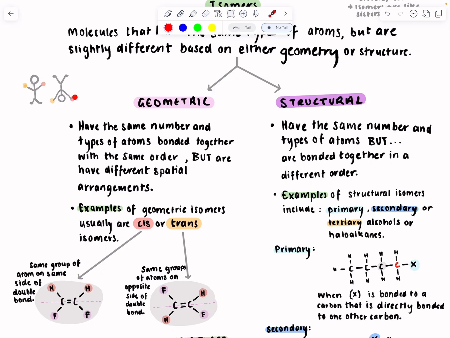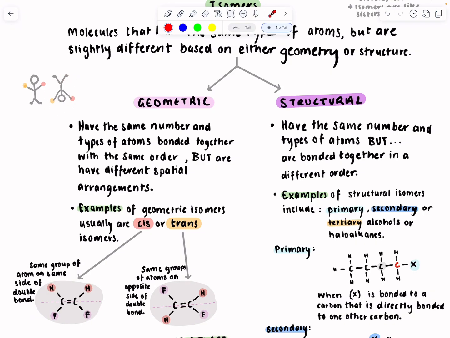That meets the first criteria of a geometric isomer. They have the same number and types of atoms bonded together, in this case apples and oranges. The thing that's different about them, as you can see, is one is standing upright and the other is standing on their hands.